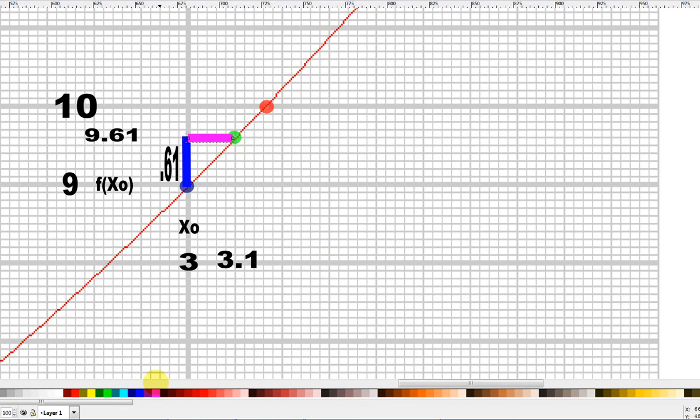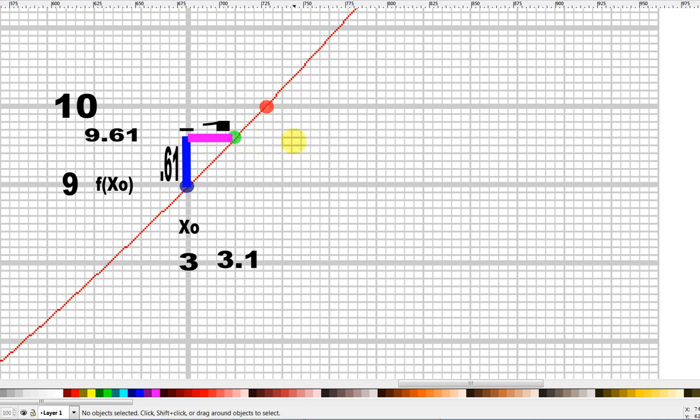Well, that difference is 0.1, obviously. So let me label that up there, 0.1, and let me make that kind of wide and short. So we see that distance right there is 0.1.